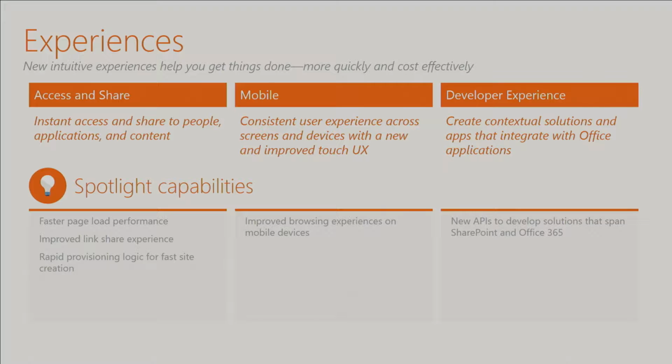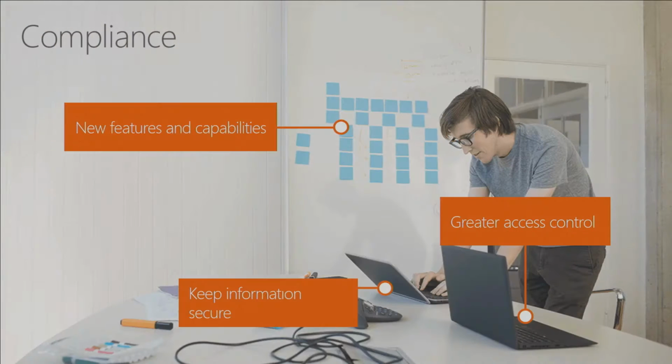We also improved the browsing experience on mobile devices, and we introduced some new APIs for you to be able to instrument as well. The OneDrive Files API v1 is representative of some of those new API investments that you'll find inside of SharePoint Server 2016.